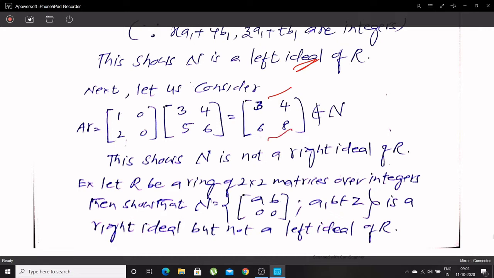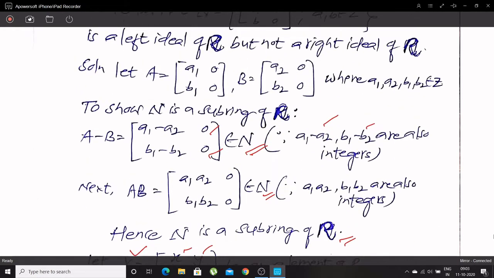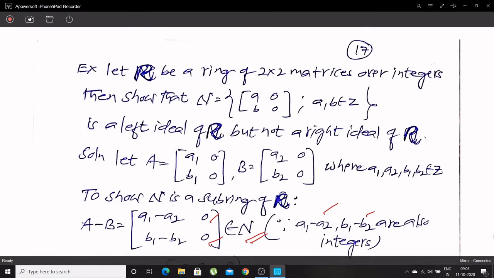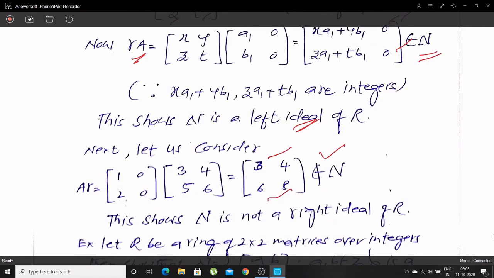To say it belongs to N, let me recall, the elements should be of the form A, B in the first column, strictly the second column elements zeros. But here we do not see that. In the second column, we see 4, 8. That means it does not belong to N. This example shows that it is not a right ideal.